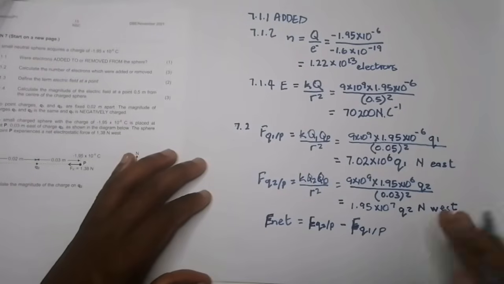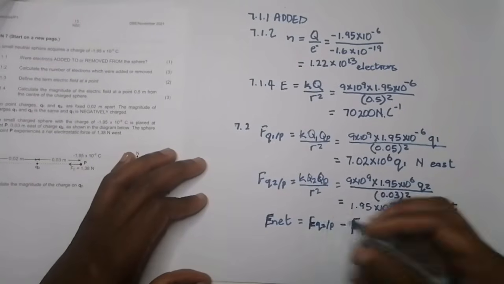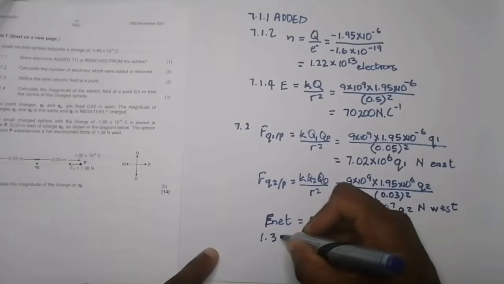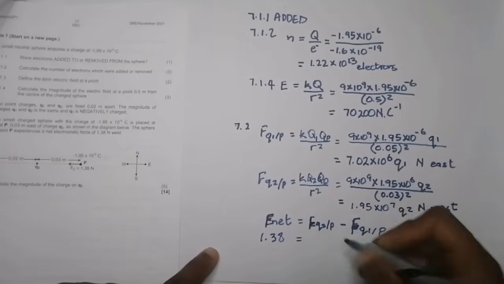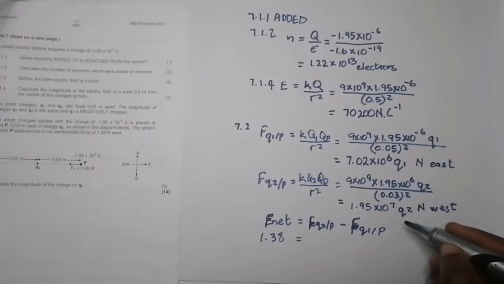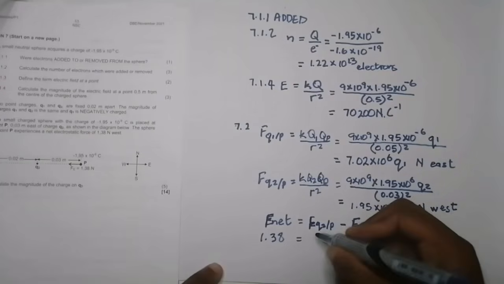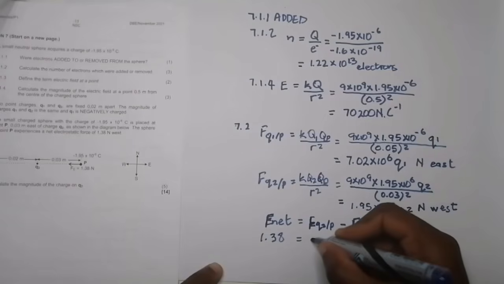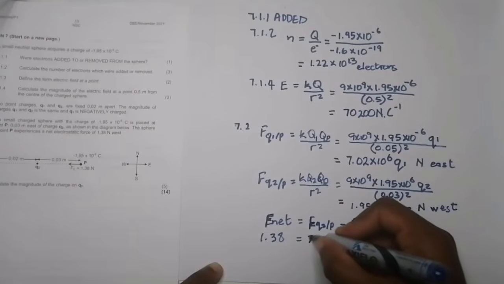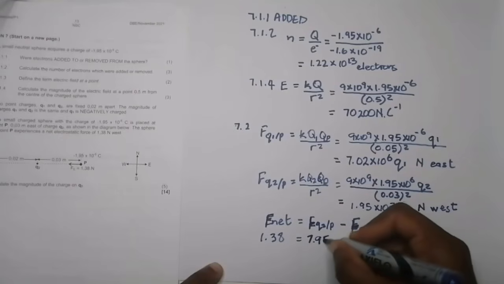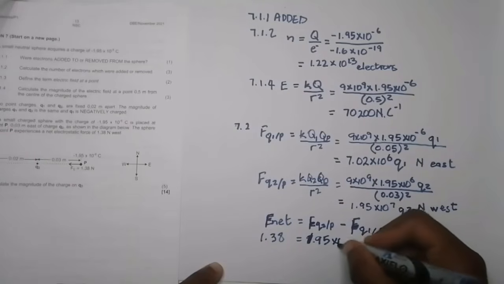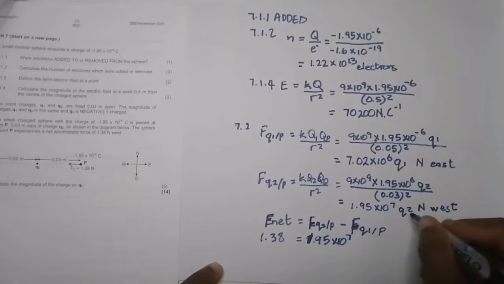So what I'm simply going to do, sorry about that clutter there, is substitute for my force, so that's 1.38. Remember that Q1 and Q2 we were told have the same magnitude. So let's write down the two expressions. This is 1.95, not 7. So that's 1.95 times 10 to the power 7 Q2.